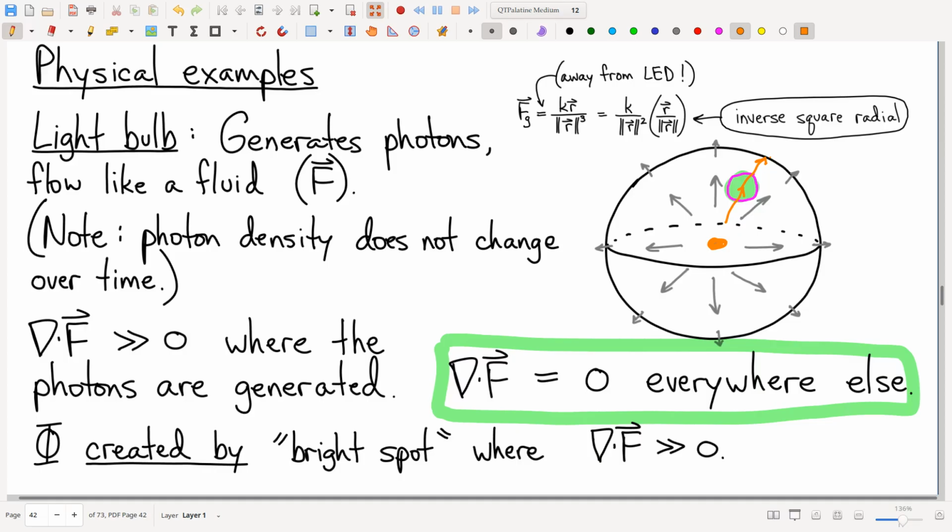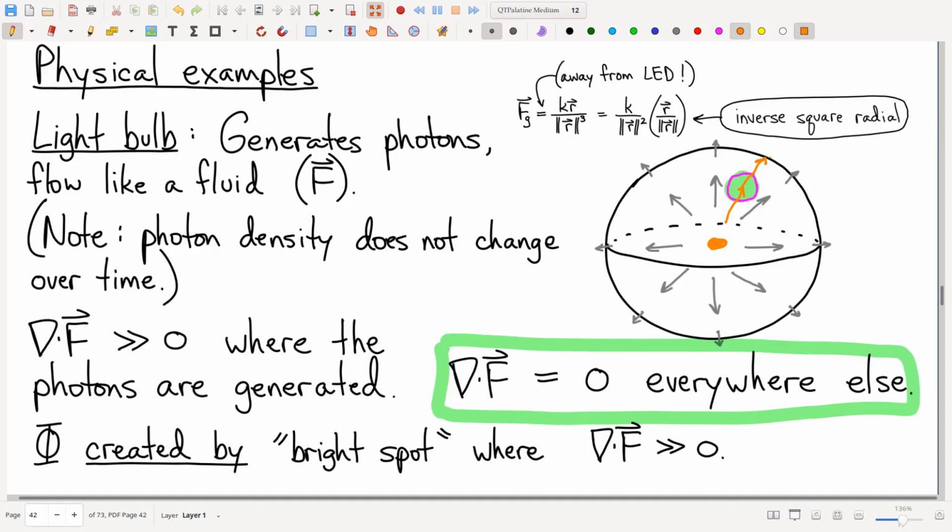Is that cool? You've got to think it through, right? You've got to make sure you understand the scenario, but in this case, it's a pretty direct and simple argument. So if the flux is zero, and if that applies everywhere, stay away from the LED, right?